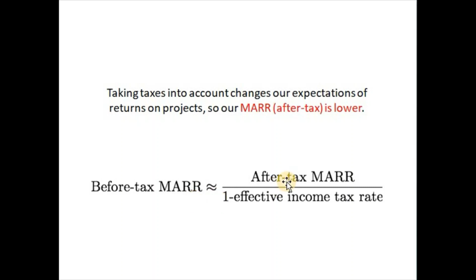So I might tell you that the present worth using the after-tax MAR at, let's say, 7%, was positive, so this was a good investment. You have to expect that the after-tax MAR should be less than the before-tax MAR. I'm going to use this equation to calculate the after-tax MAR: the before-tax MAR multiplied by 1 minus the effective income tax rate, which will be given. The tax has to be given.